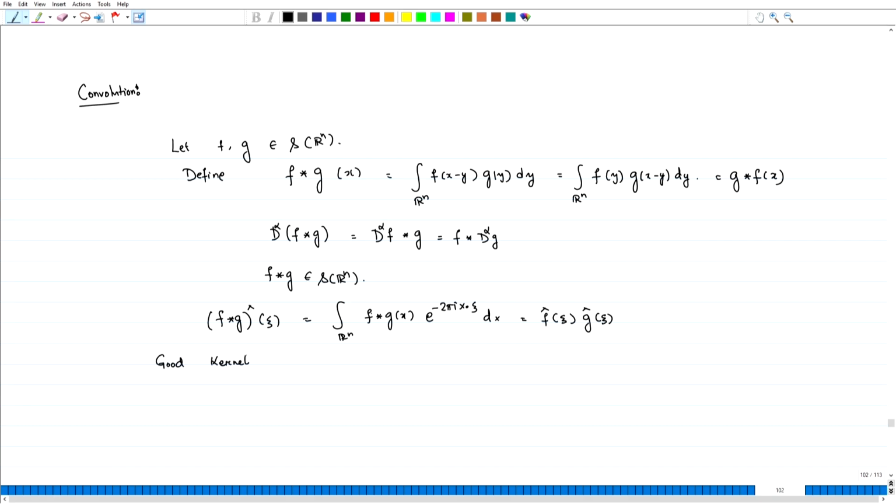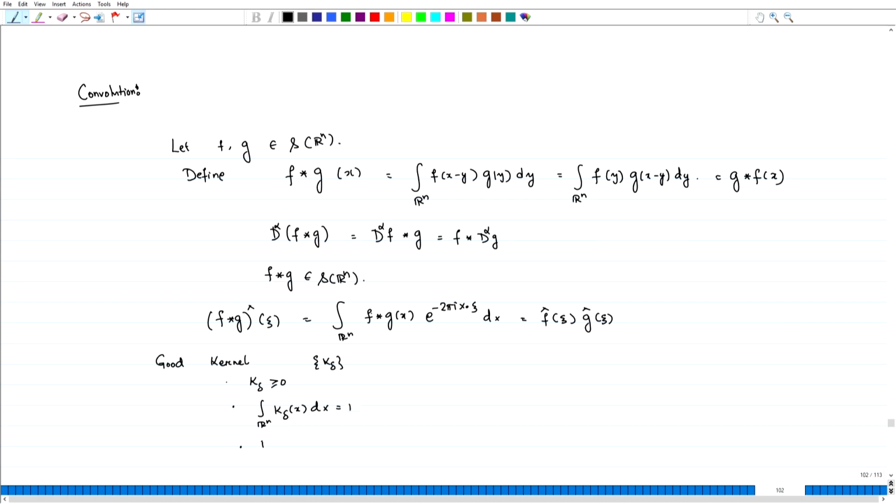The definition is the same. We can take k_delta greater than or equal to 0, with the integral over R^n of k_delta of x dx equal to 1. Now, this is a family, remember.